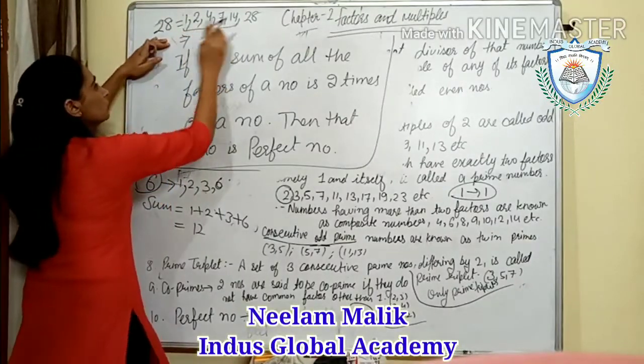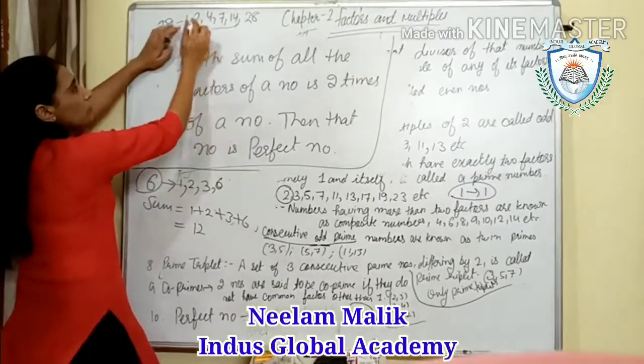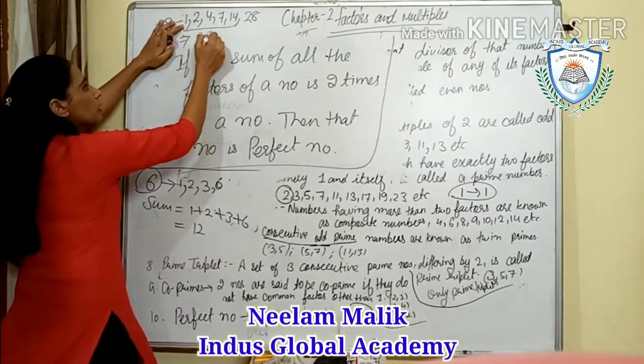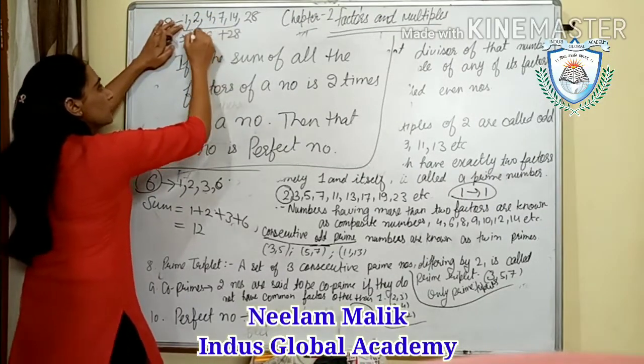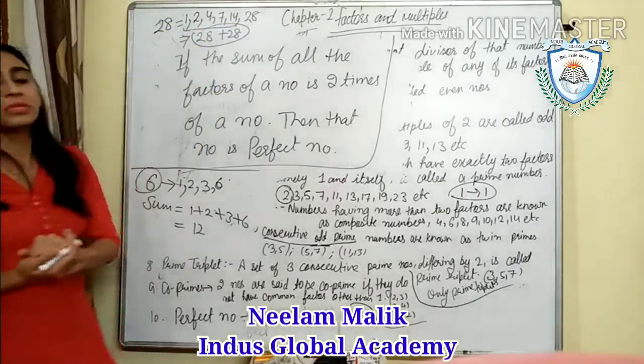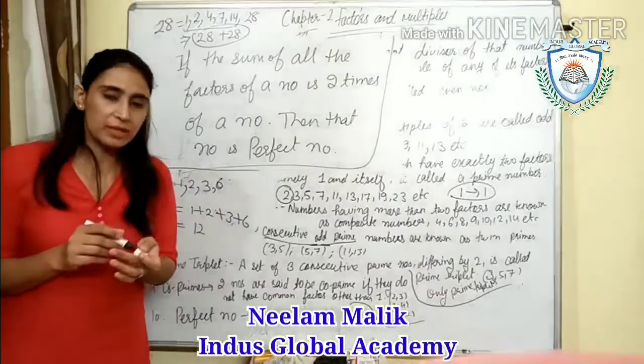Add all these numbers: 14 and 7 is 21, 22, 23, 24, 25, 26, 27, 28, plus 28. So the sum of all the factors is double, and we can say 28 is also a perfect number.